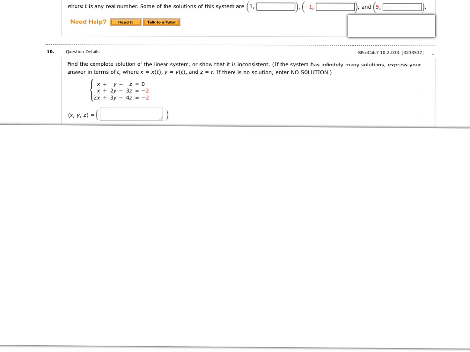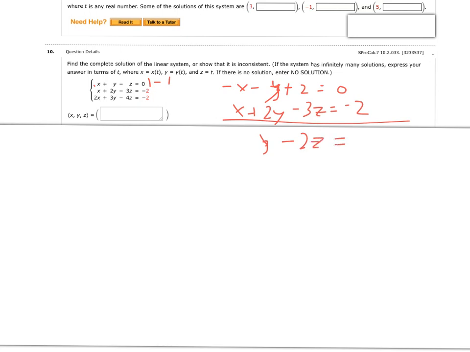All right, next up, number 10. We've got a triple system here. So I'm going to go ahead and multiply this one by -1. So I'll write that -x minus y plus z equals 0. And then just keep that second equation the same. So now I have not 2y, just 1y minus 2z equals -2.